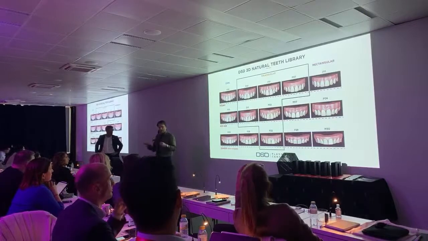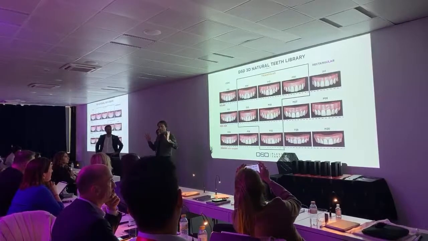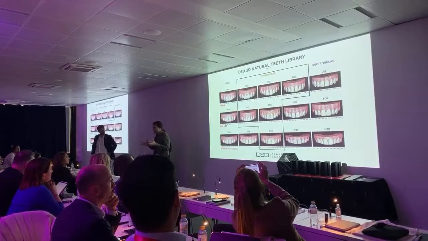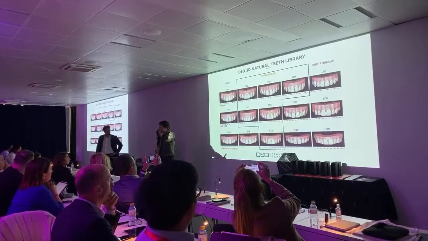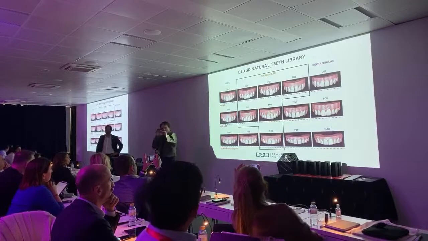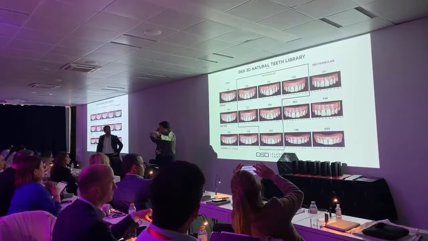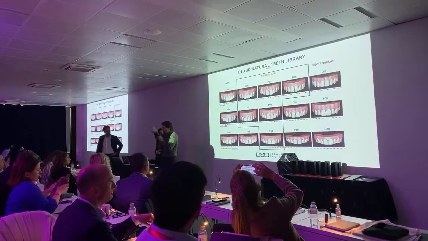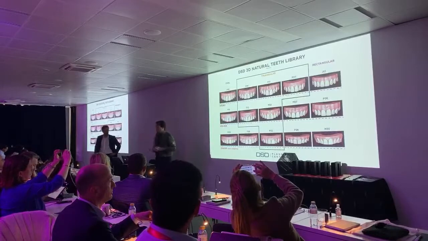But usually the libraries in all the softwares are pure 100% super young, full of texture, because people think that is beautiful. But we do all-in-4s for people that are 75 years old, right? What about if we have a file that has very natural, slight abrasions, with canines that are not pointy, or centrals that are not super young, and more adequate embrasures and so on?